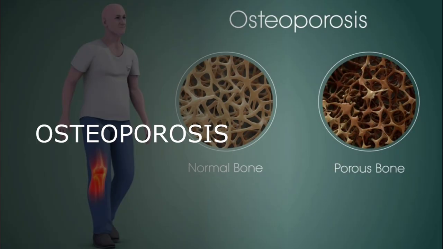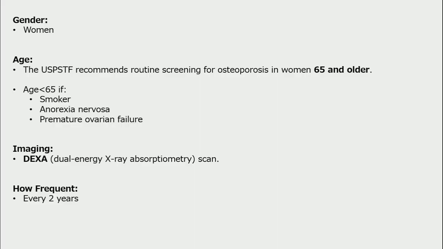Next is osteoporosis. This is also one of the most commonly tested topics in the USMLE step exams. So we usually screen women for osteoporosis, and the USPSTF recommends routine screening for osteoporosis in women 65 and older.